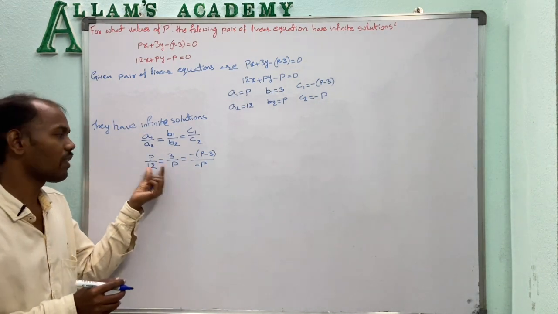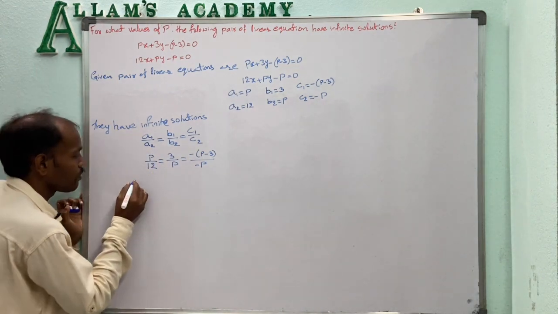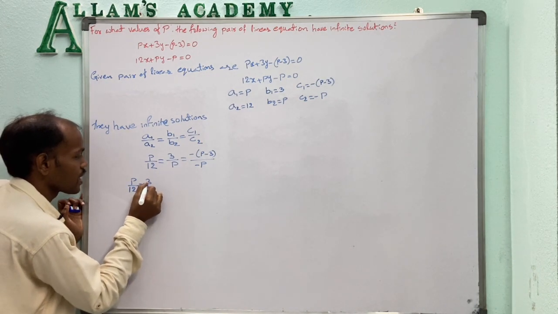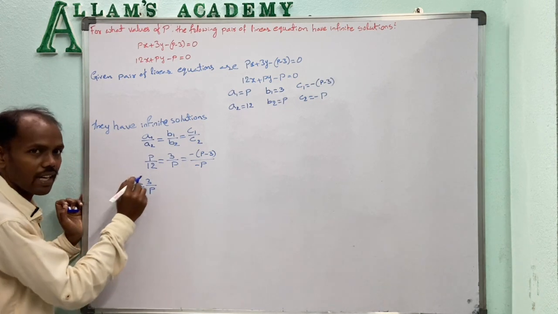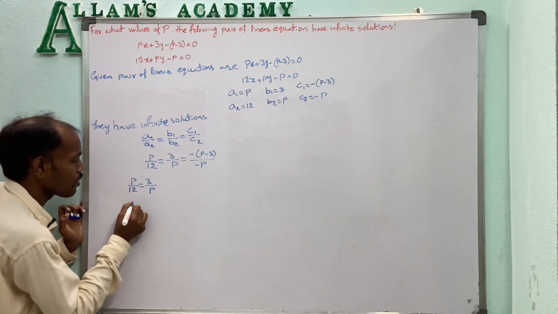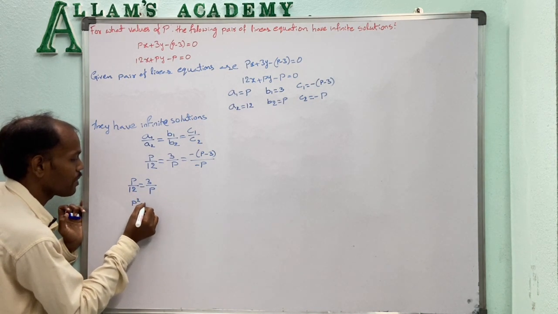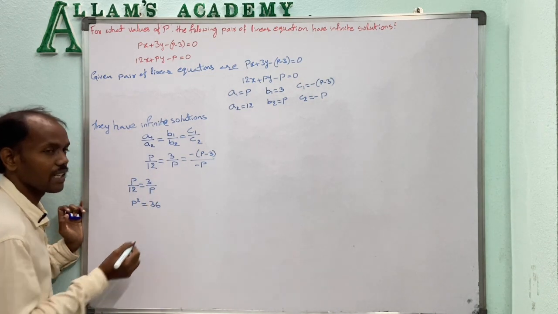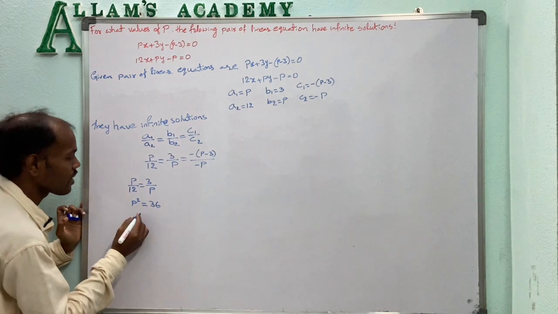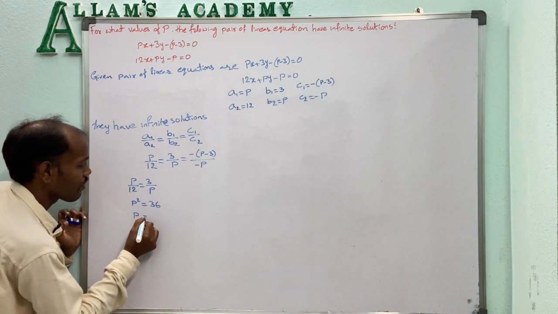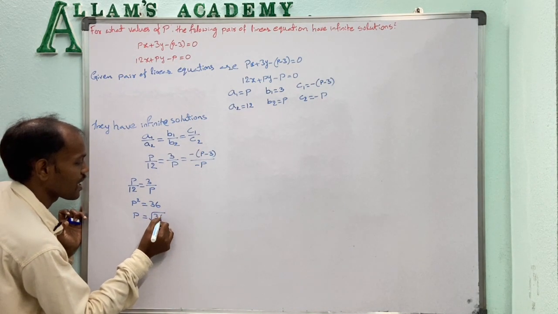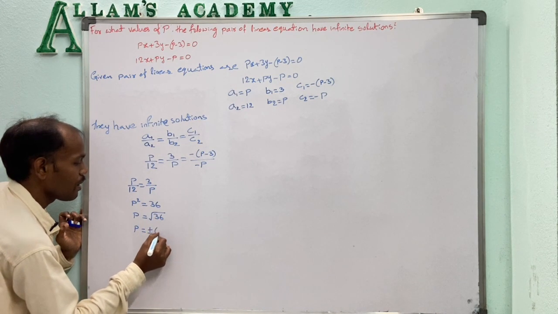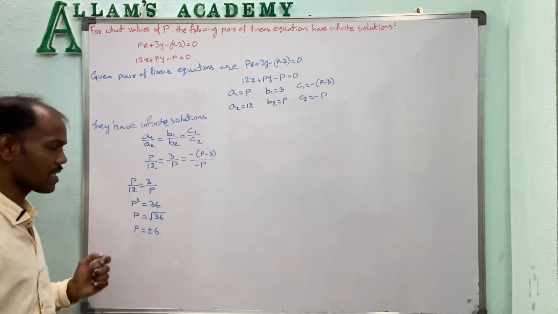Equalizing the first two ratios, p by 12 equal to 3 by p. By cross multiplication, p into p is p square, and 12 into 3 is 36. Now p square equal to 36, so p equal to under root 36, which means plus or minus 6.